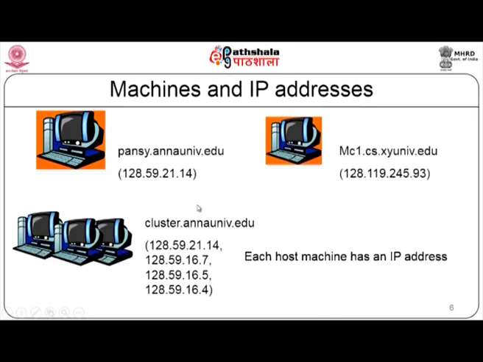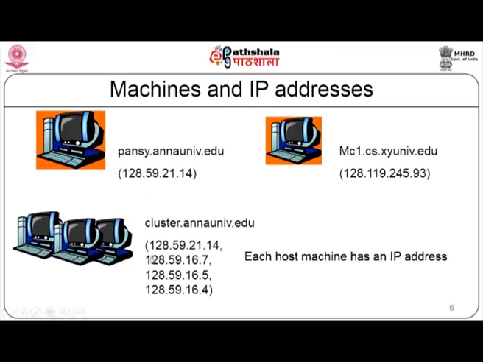So, look at this diagram. Here you see that there is a machine pansy.unif.edu and the IP address of this machine is 128.59.21.14, and there is another machine which lies in some other place, and the name of the machine is mc1.cs.xyunif.edu, and it has a corresponding IP address 128.119.245.93.